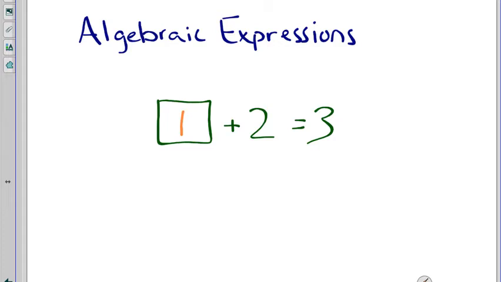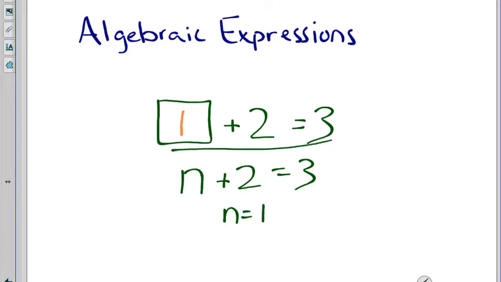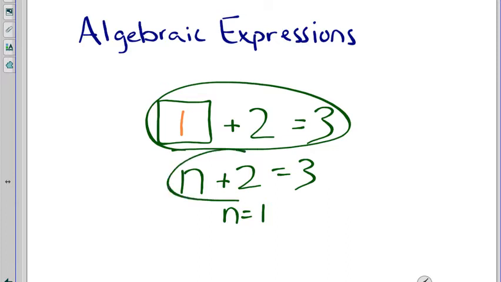You see, this box was your unknown. It was a variable. Now in middle school, we're going to do something way harder because we're going to do something like n plus 2 equals 3. And you're going to have to figure out that n must equal 1. See, easy, hard, but really not that hard.